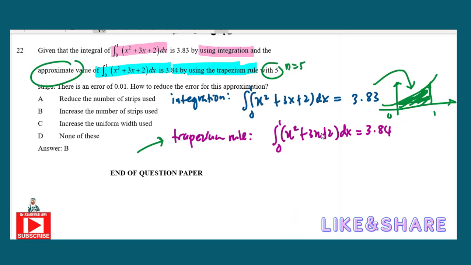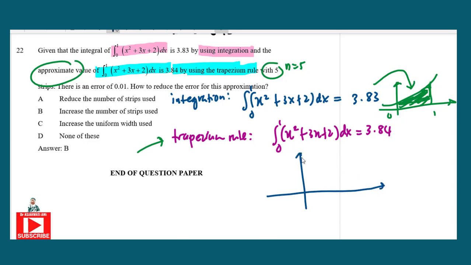Using the trapezium rule, the same graph with 5 trapezium from 0 to 1, maybe something is missing, so this is just an approximation according to the n given. N is equal to 5, the value is 3.84.